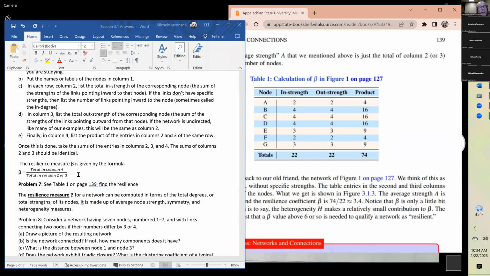So then to find the resilience, it would be 74 divided by 22, which is approximately, I rounded to 1 decimal place, 3.4. So once you set up the table, you just divide them. Any questions on that?